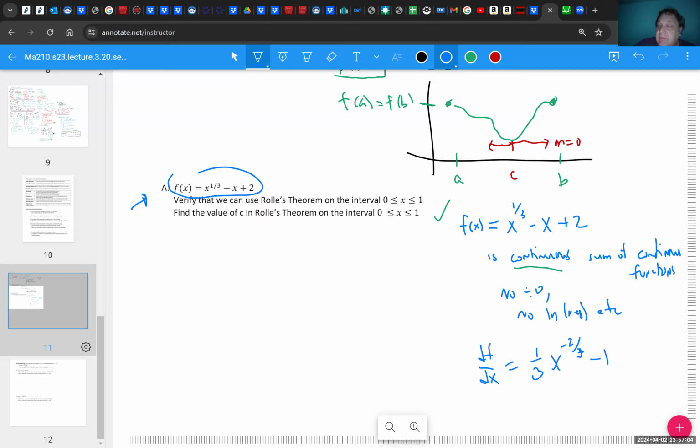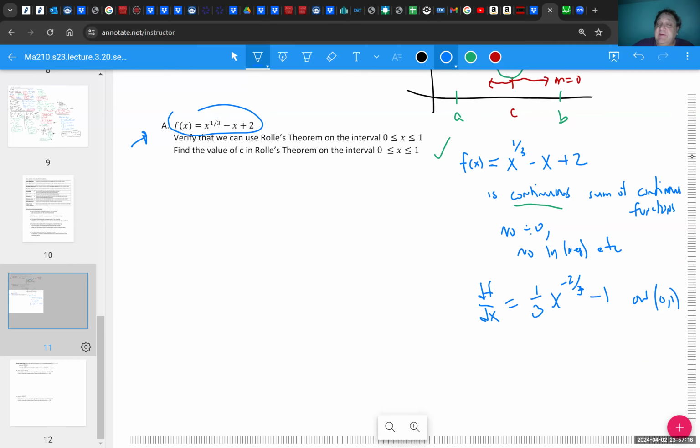Is it differentiable on the interval from 0 to 1? Now you have to be careful here. I set this up so that it wouldn't be trivial. It turns out this is a problem here because we have a division by 0. df dx is 1 over 3, and this is a negative exponent, so it's 1 over x to the 2/3 minus 1.